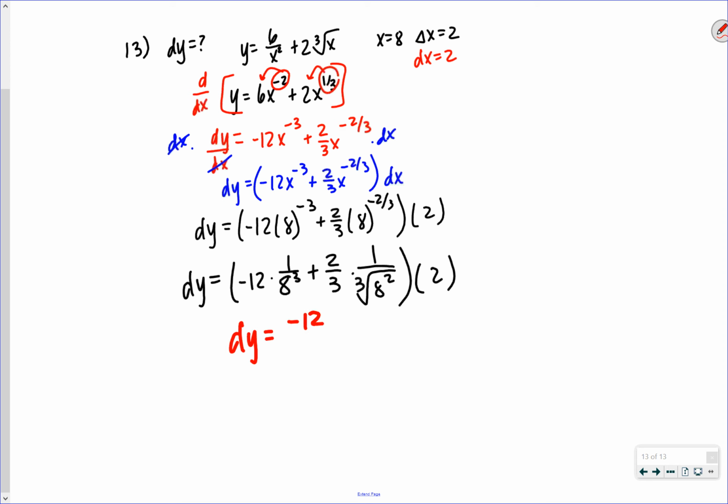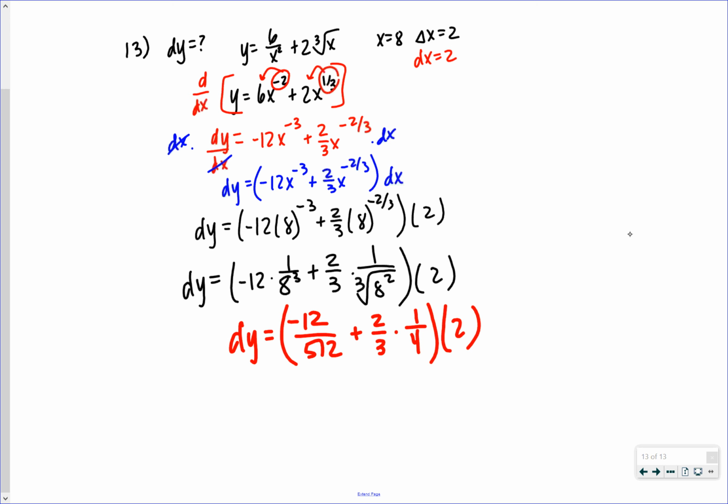So this is negative 12 over 512, and then plus 2/3 times the cube root of 8 squared. You could cube root 8 and then square it, or square 8 and then cube root it. Cube root of 8 is 2, 2 squared is 4, so 1/4 times 2.